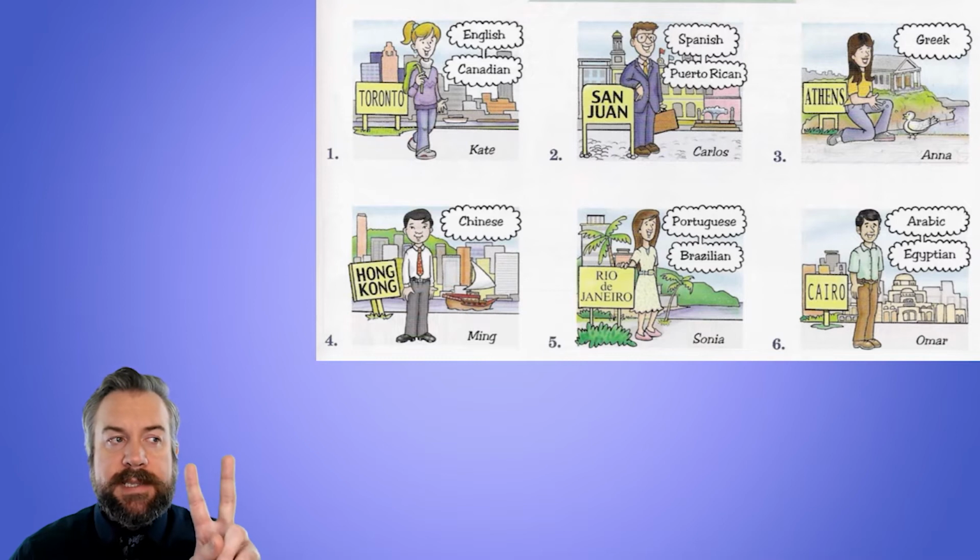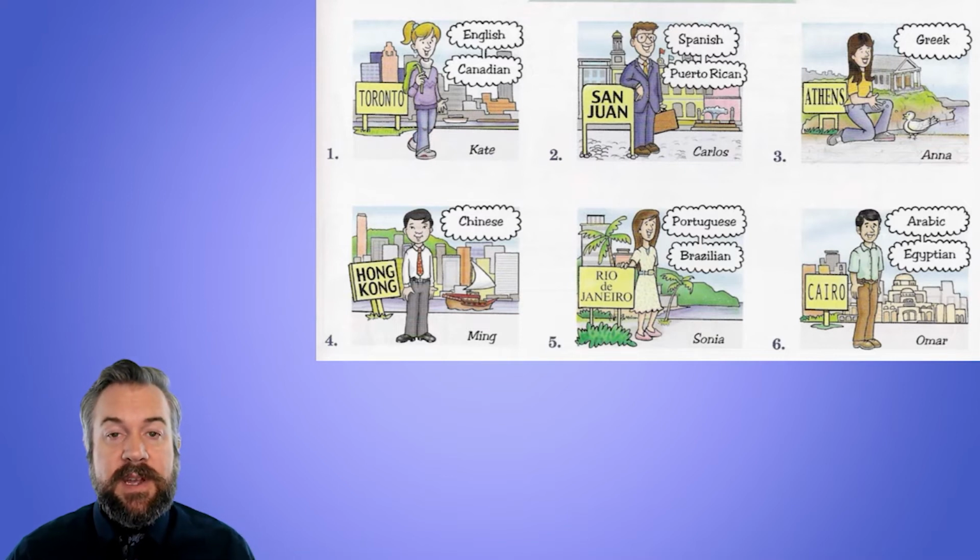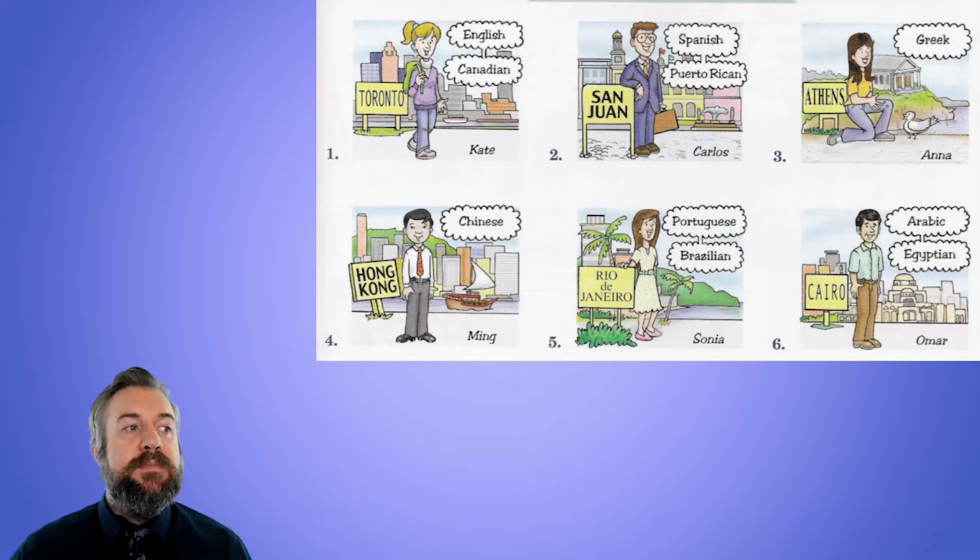There are 2 choices, English, Canadian. Canadian is not a language. It is a nationality. It is an adjective of food and fashion and music, but it is not a language. So the answer is English. She speaks English.